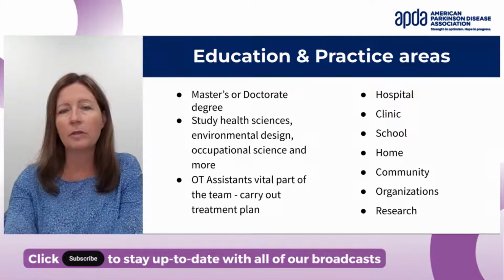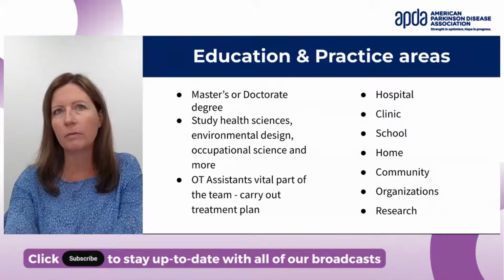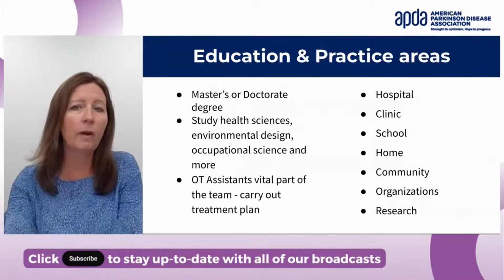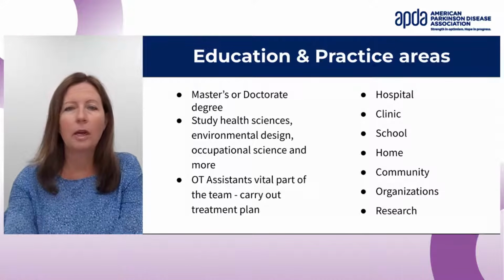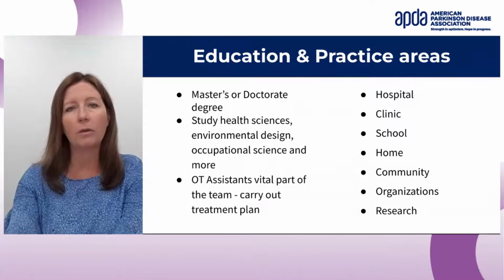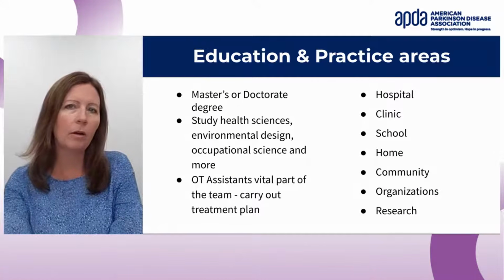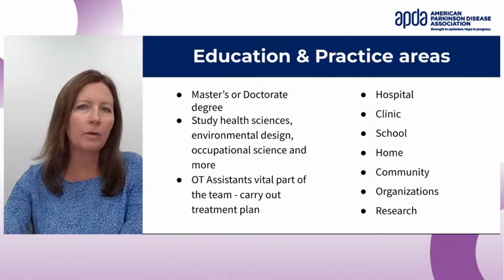They also study health sciences like psychology, anatomy, physiology, human development, also environmental design and occupational science. There are also occupational therapy assistants, who are really vital to the team, and they can carry out any treatment plan. And then you'll see here on the right are practice areas. These are many different areas where occupational therapists can practice.